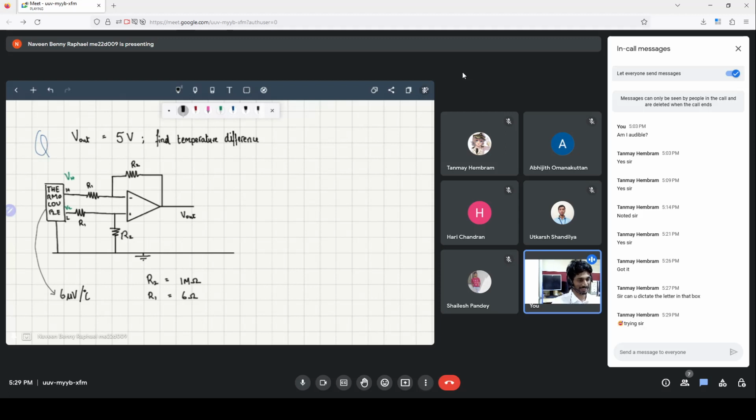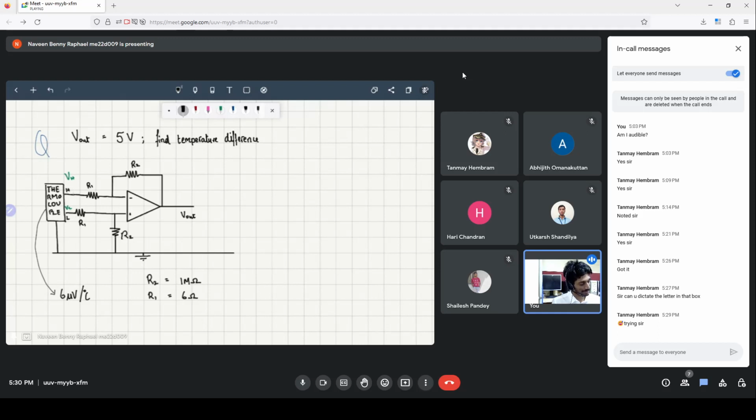Don't worry, it'll take a little bit of time. Essentially, the main thing you need to remember, if you want to solve this without knowing about thermocouples, all you need to know is that at H and L, we have a different potential across these 2 points.